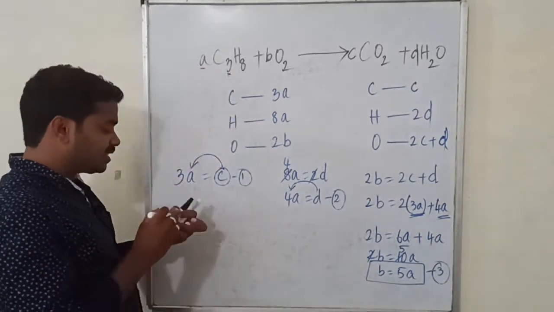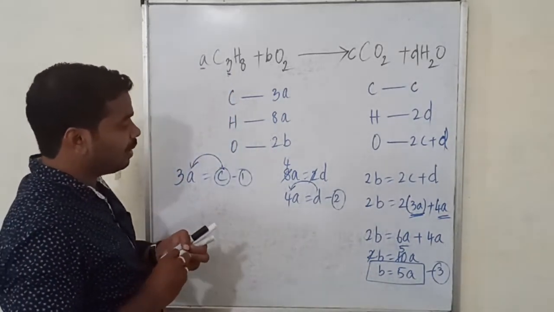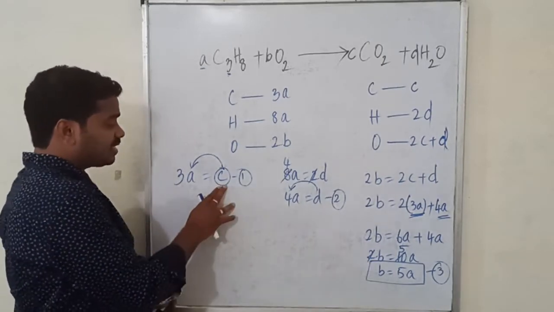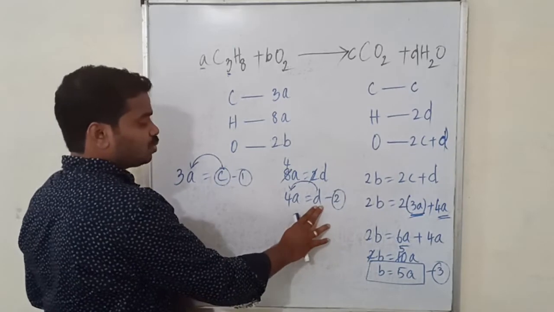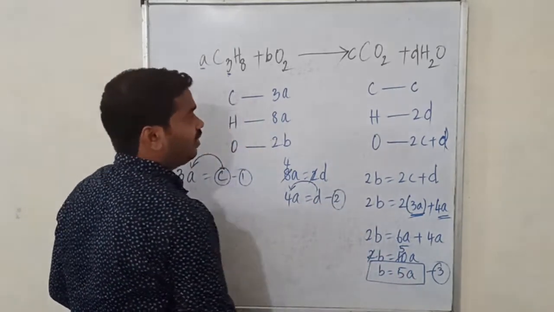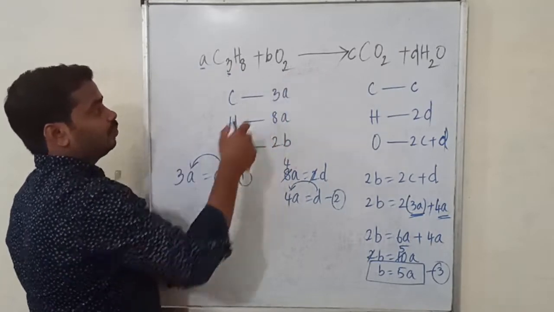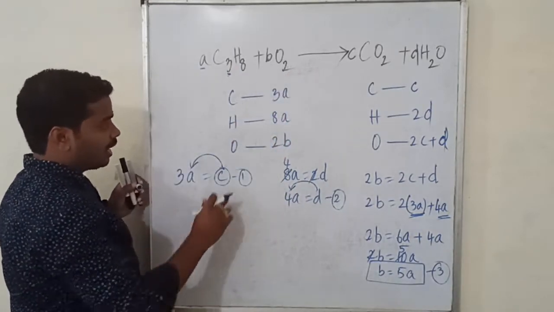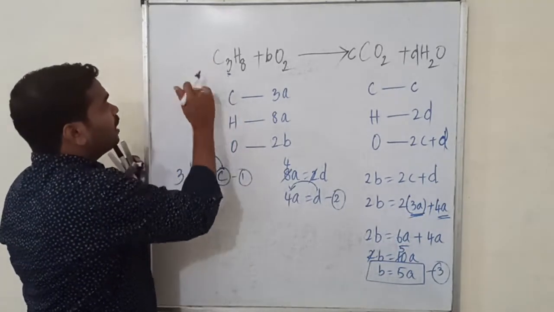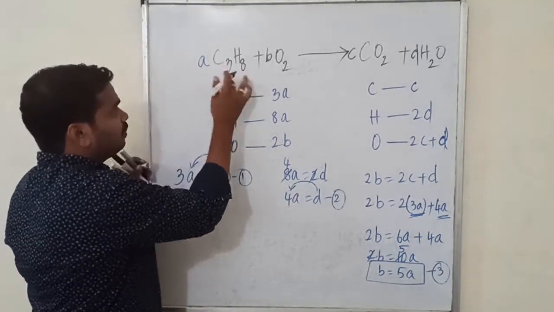So in the next step, a very interesting step, what you have to do is replace this C with 3A, this D with 4A, and this B with 5A in the equation. Now in this equation, A would be replaced by A only, there is nothing to replace.